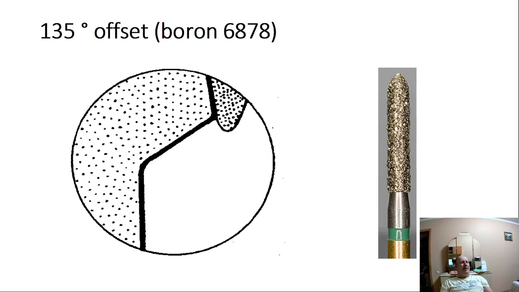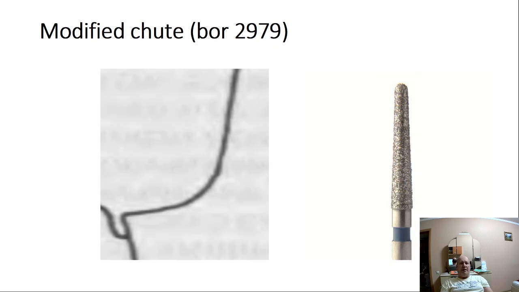It can be less than 90 degrees, it can be 90 degrees, and it can be more than 90 degrees. Now you can see 135. It's very easy to make, and it's easy to manufacture in the dental laboratory.